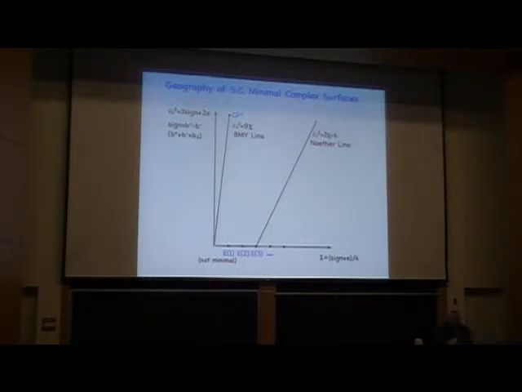The other important line, the one here on the bottom, is called the Noether line. It's given by C1 squared equals 2 chi minus 6. Also important is the horizontal axis itself, C1 squared equals 0, where elliptic surfaces live.